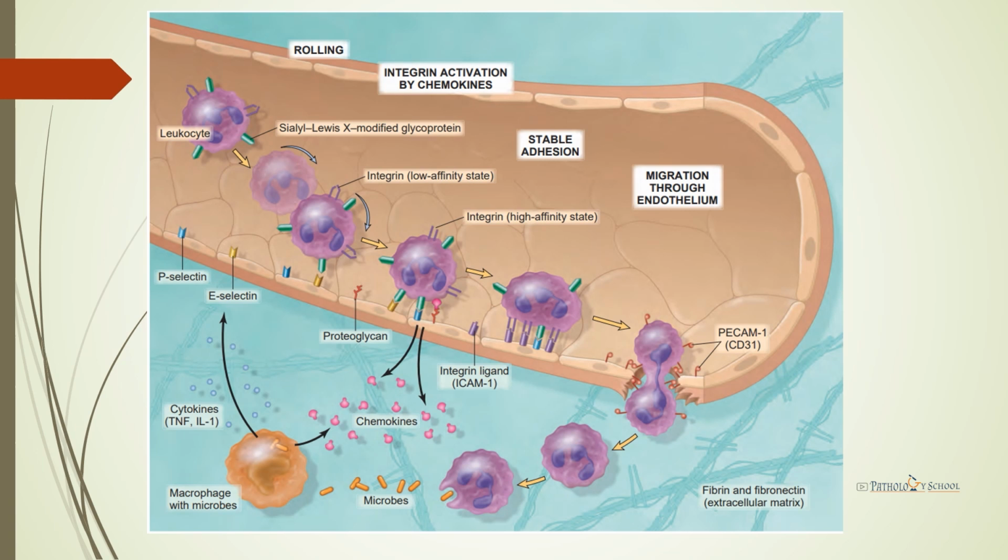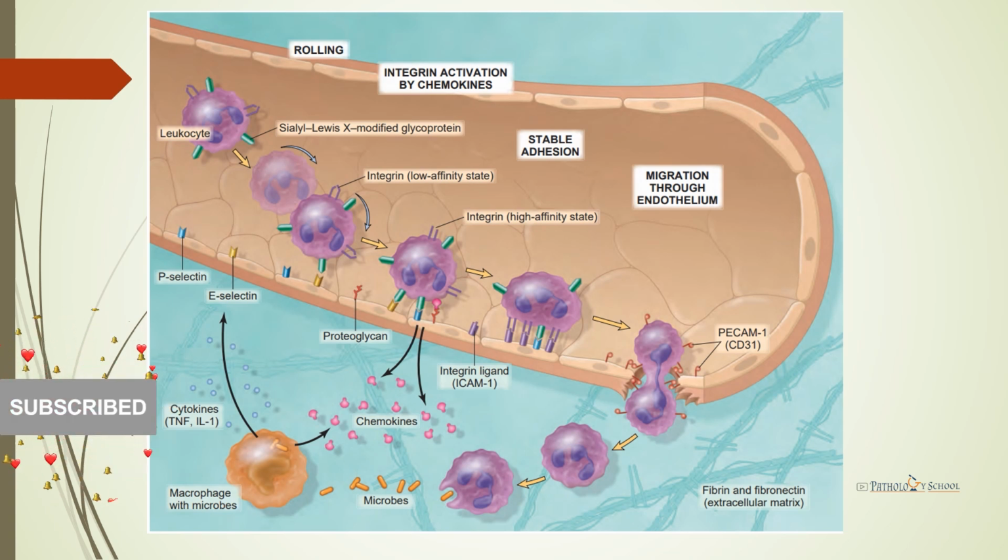Because of the chemokines, the integrins are converted from a low affinity state to a high affinity state. TNF alpha and interleukin 1 induce the endothelial expression of the ligands for the integrins, that is ICAM for the leukocyte function antigen and the macrophage antigen.